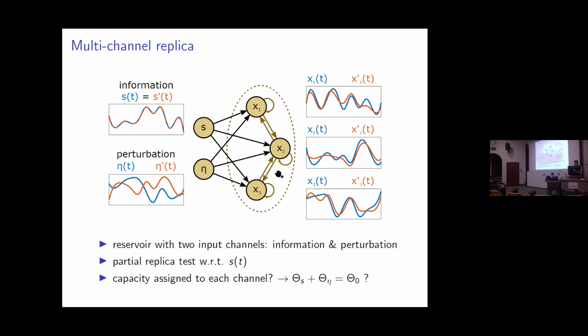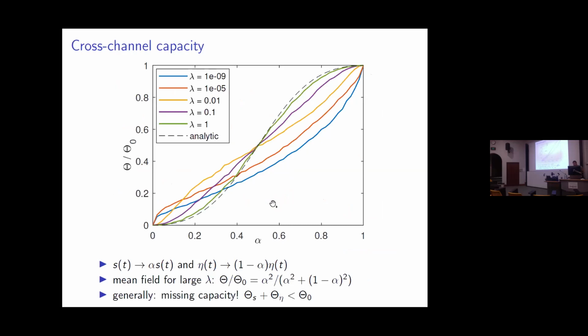And then we do the same thing again with the reservoir variables, because they're going to have also some partial agreement. We can do the same multivariate time series analysis. The question is, do we get something like this: a total capacity, which we would get by repeating the entire input, which is the sum of capacities for each of these channels? Let's have a look. We have introduced an input gain parameter that varies the weight between these 2 input channels.